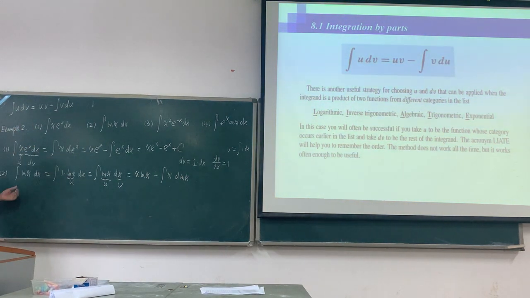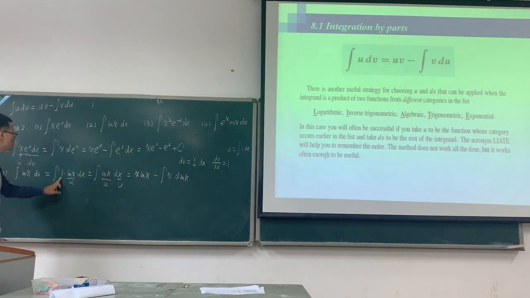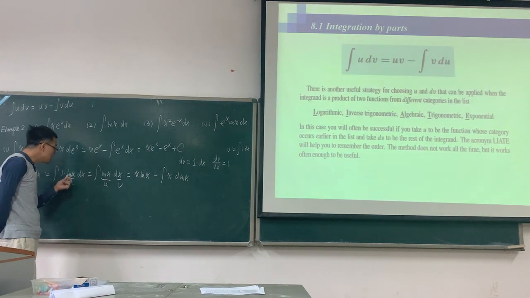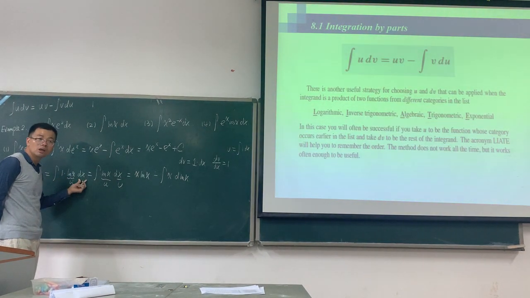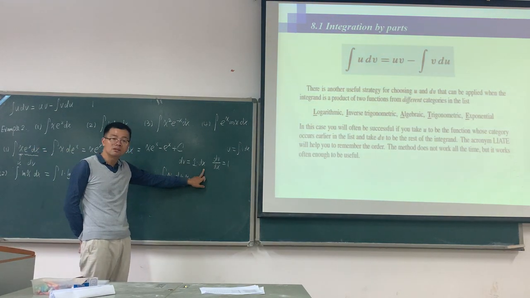From here to here, can you understand? Here is 1 dx, so we write 1 times dx equal to dv. So dv equals 1 times dx.